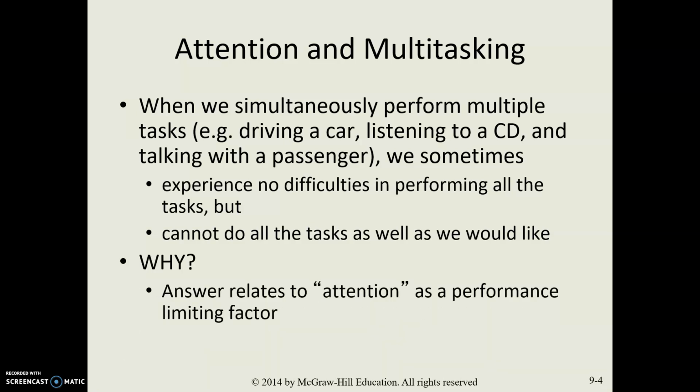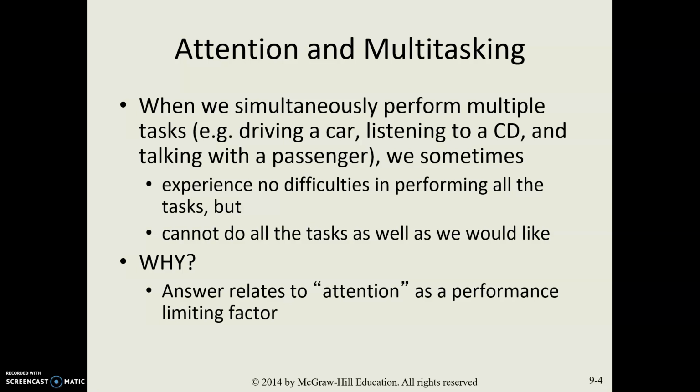The answer to why is really related to this concept of attention. We say attention is a performance limiting factor. Our ability to attend, what we attend to, and what we don't attend to all play a role in how successful we are at motor skills.